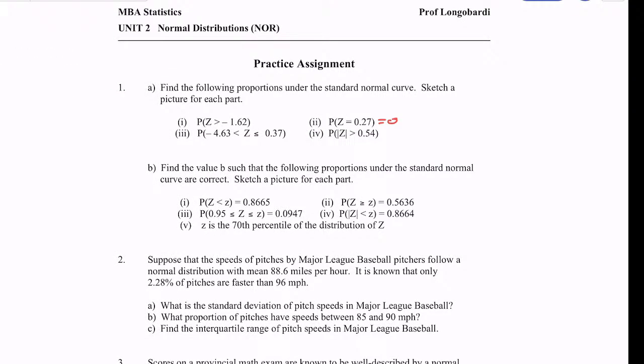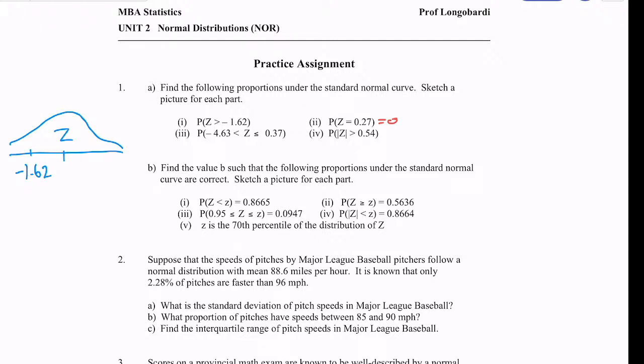Let's draw a picture. I want to know the area to the right now. If this is 0 in the middle, then negative 1.62 is about here. Negative 1.62, because on the Z distribution, this number represents 1.62 deviations below the mean.